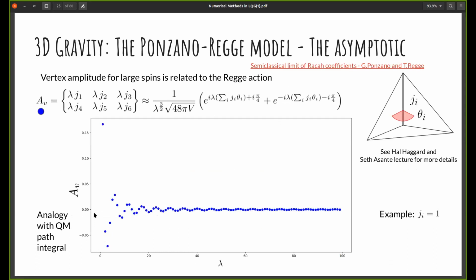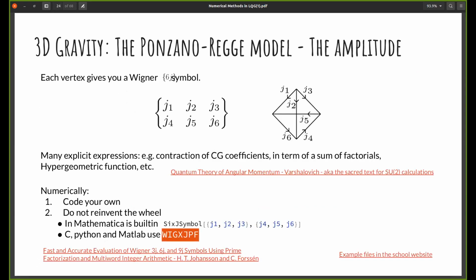So, I was saying, on the school website you find three Python notebooks that you can use to explore how to do numerical computation in the Ponzano-Regge model in Python, for example. I will go through these three basic results that I think are very interesting, also because they prepare the path for what I'm going to tell you later with a way more complicated Euclidean model.